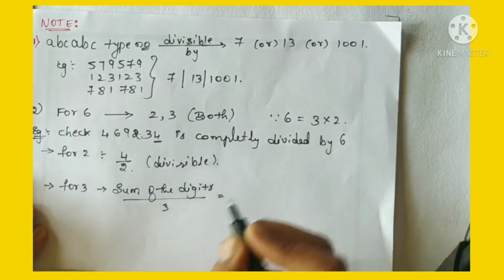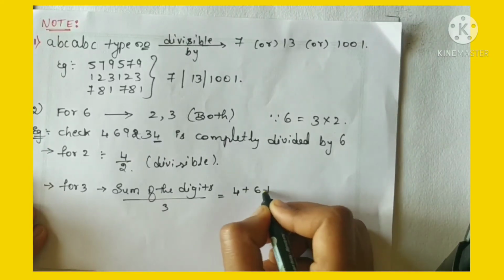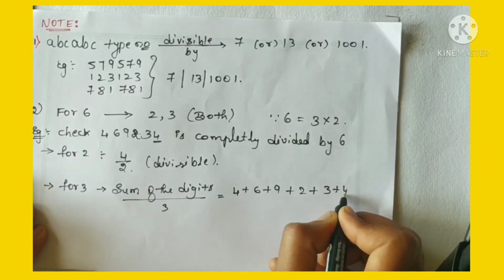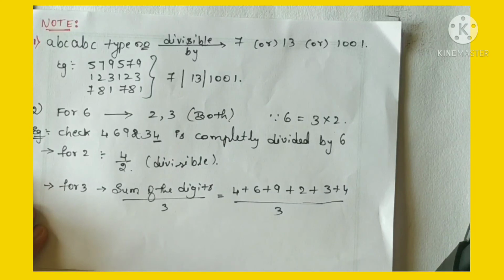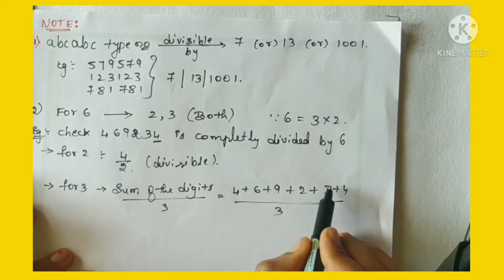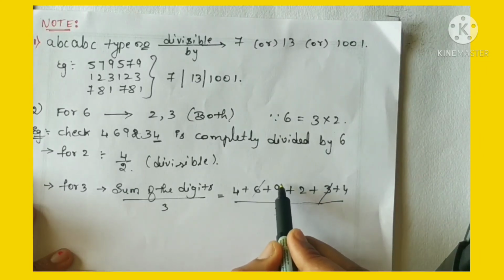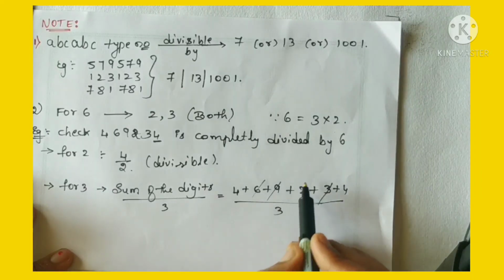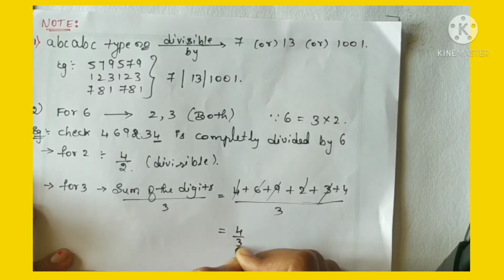If we sum the digits, 4 plus 6 plus 9 plus 2 plus 3 plus 4, divided by 3, I can cancel out numbers directly. 3 ones are 3, 3 twos are 6, 3 threes are 9, then 4 plus 2 equals 6, so it also cancels directly. Then the remaining number is 4 divided by 3.